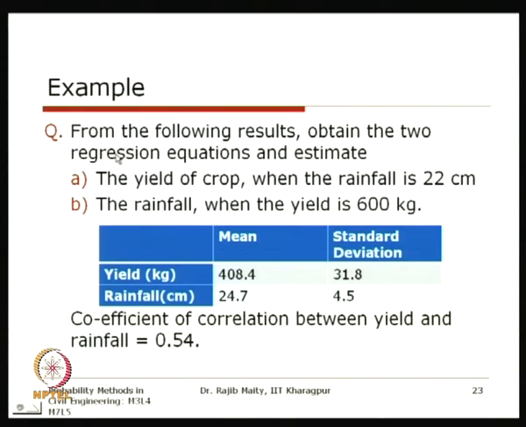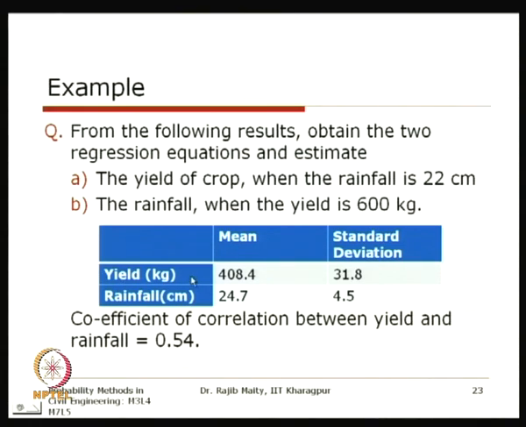So, one such example we will see now. From the following results, obtain the two regression equations, estimate the yield of crop when the rainfall is 22 centimeter, and estimate the rainfall when the yield is 600 kg. This is the relation between the yield and the depth of rainfall in centimeter.